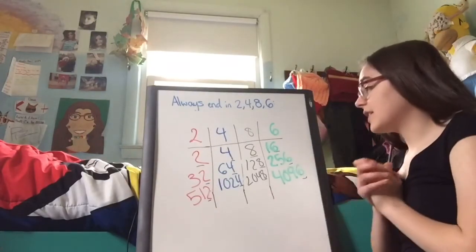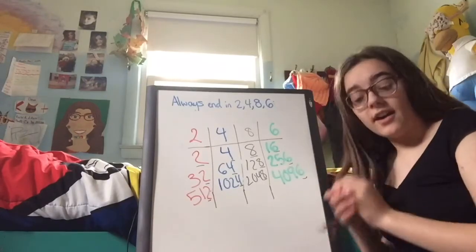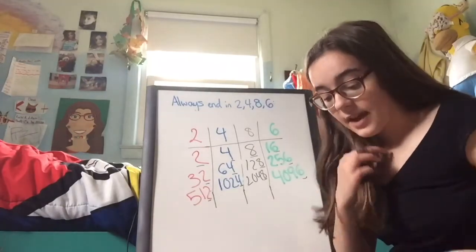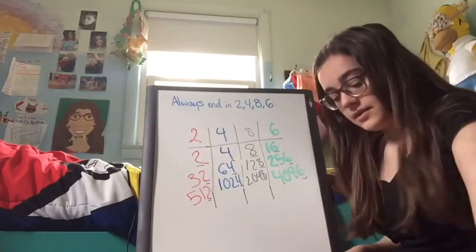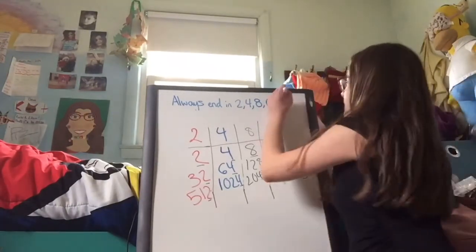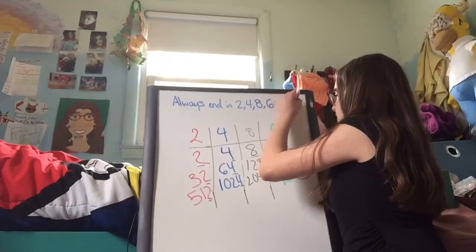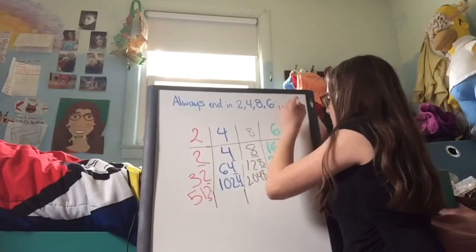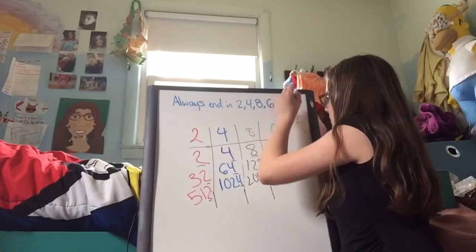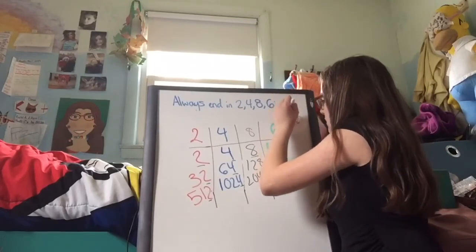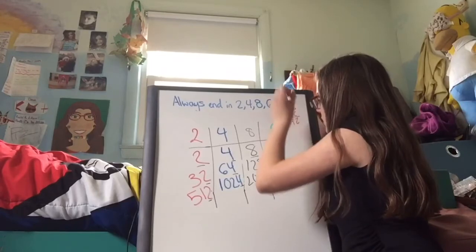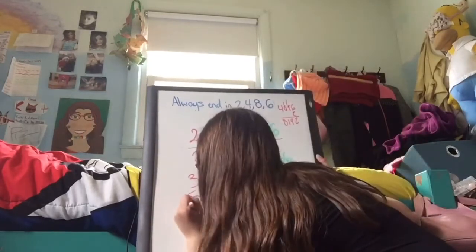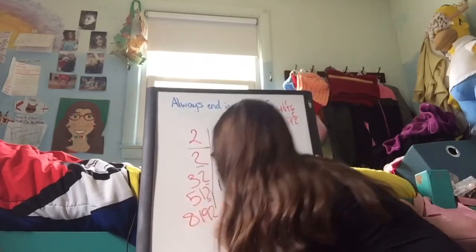These are all the powers I know by heart, but I guess if we kept multiplying, we could probably find the same pattern. So if I take 4096 and multiply by 2, we get 8,192.